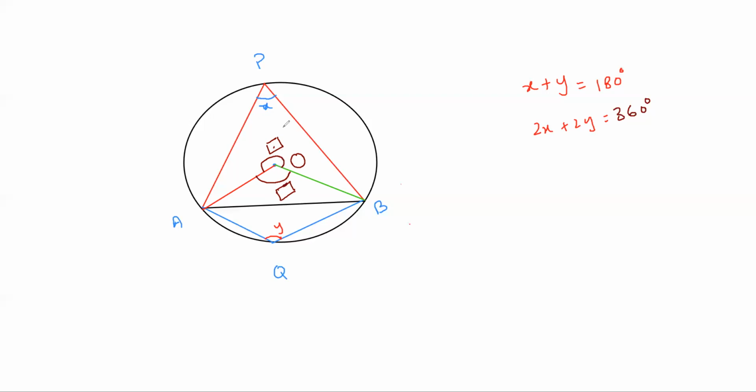Upper. Okay. Now, out of these X and Y, which one is the bigger angle, X or Y? Y. Okay. So let me just erase this. Now, here it is 2Y and here it is 2X.